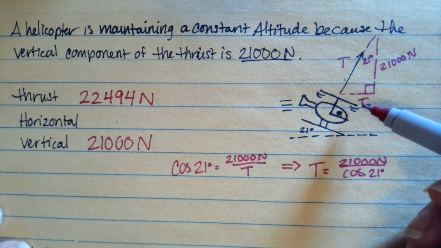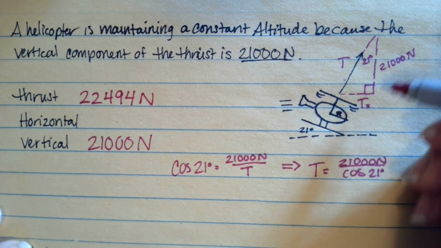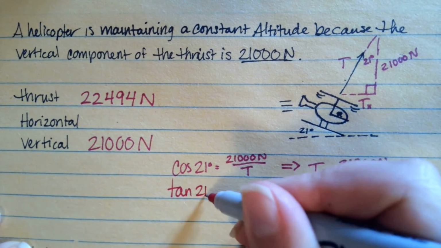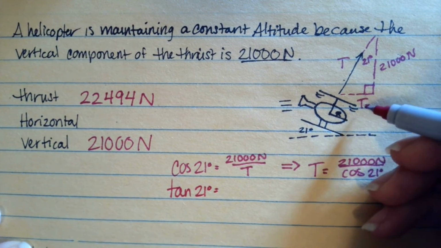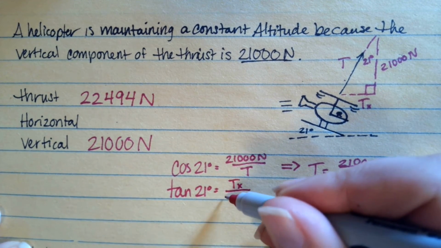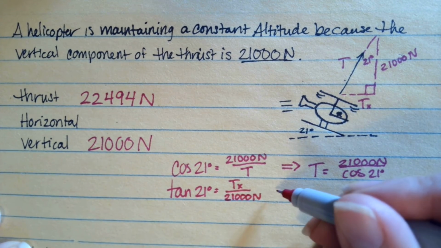Alright, now to get the thrust in the x direction, I'm going to use tangent because I have the adjacent and I have the opposite. So tangent of 21 degrees is equal to opposite over adjacent, T of x over 21,000 newtons.